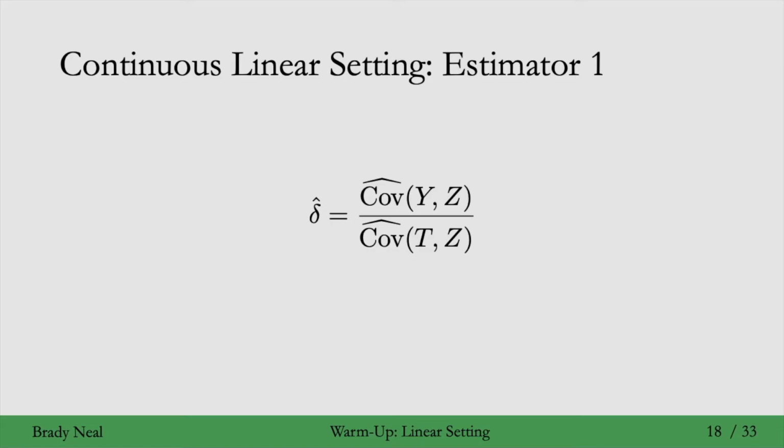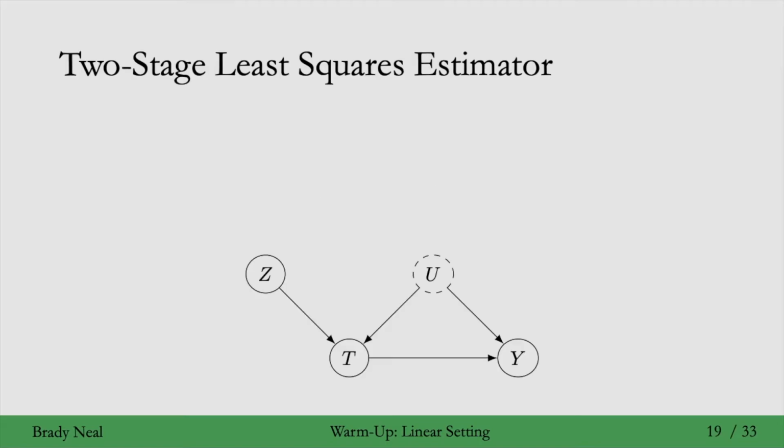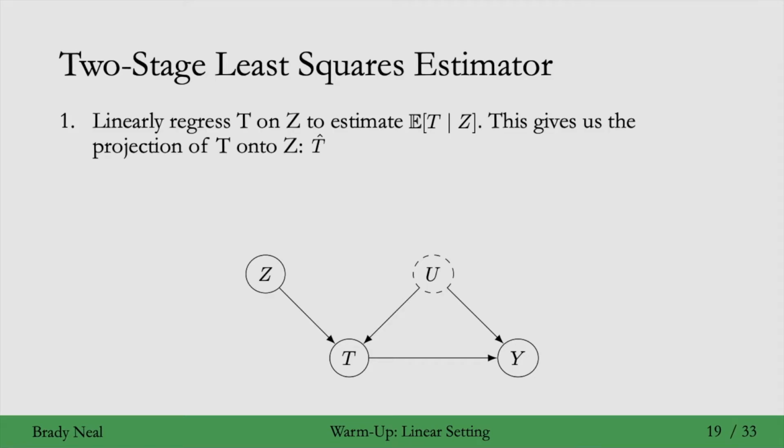But another estimator that we could use here, which is more useful for giving us intuition about why instruments work, and which happens to also be a very popular estimator, is known as the two-stage least squares estimator. So what does that estimator look like? It's two stages. The first is that we linearly regress t on z to estimate the conditional expectation of t given z. This gives us a projection of t onto z, which we'll label as t hat.